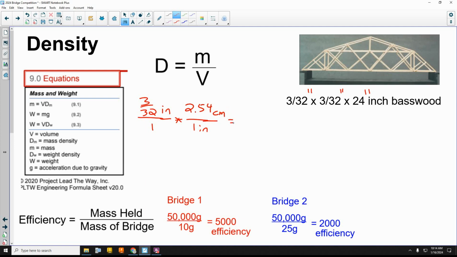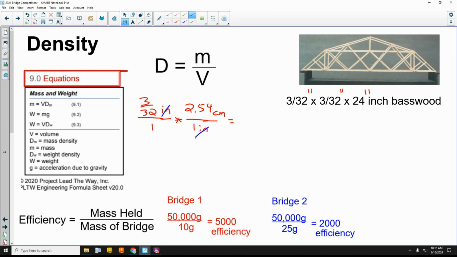Okay, and again, when you do your unit conversions, we set it up kind of like the field goal posts, or as fractions. We can do dimensional analysis to make sure we're canceling what needs to be canceled. We're starting with inches, changing into centimeters, so the inches go on the bottom, centimeters on the top.